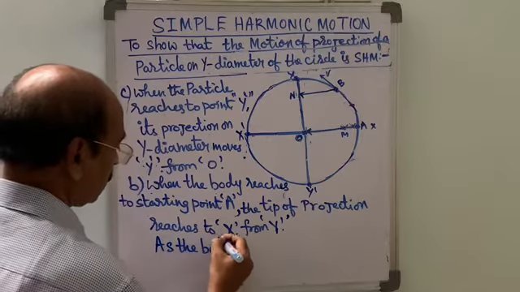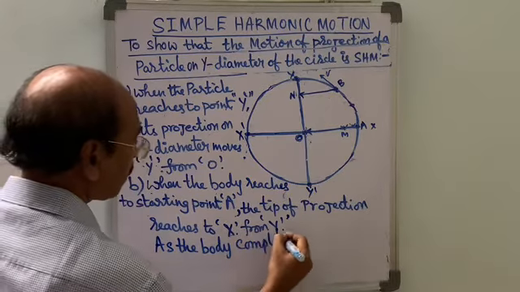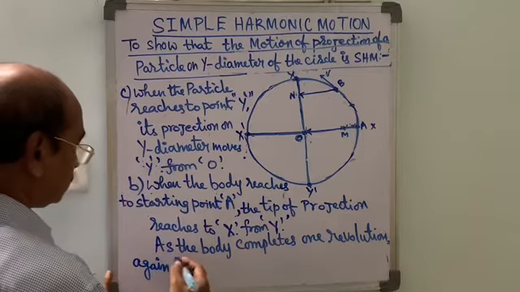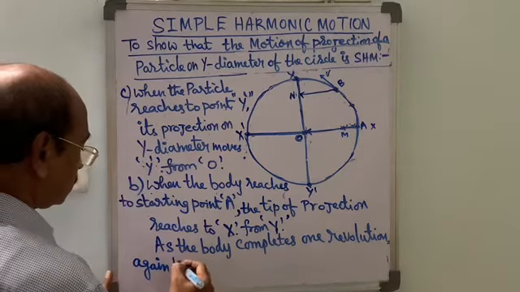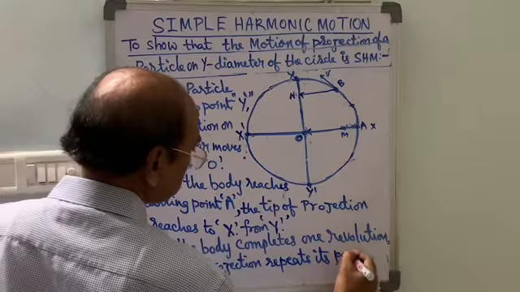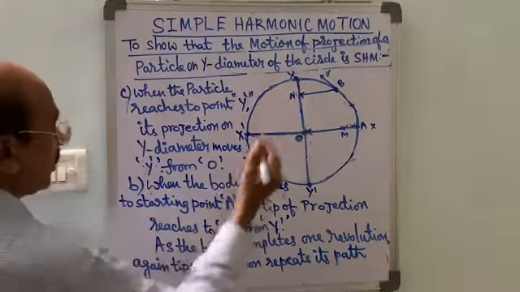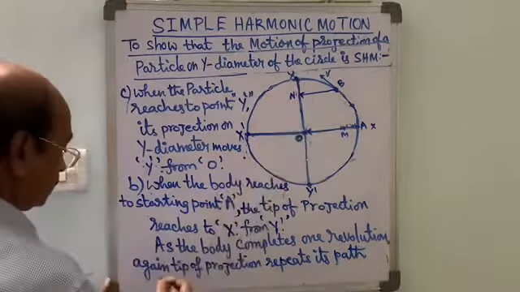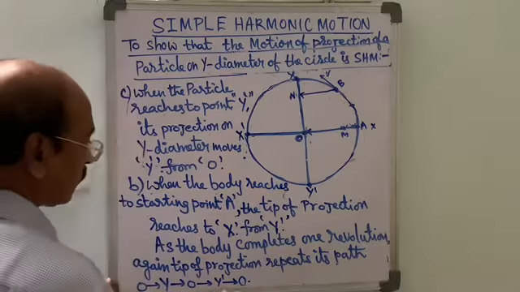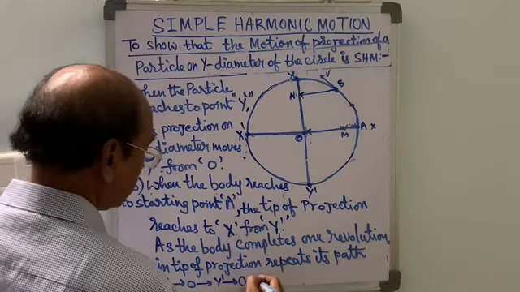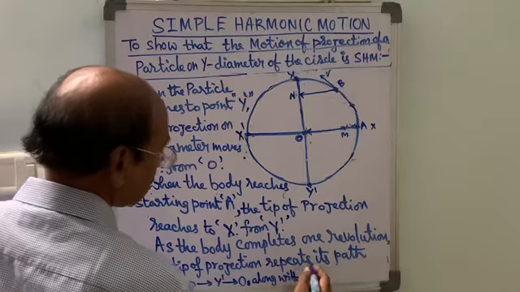As the body completes one revolution, again the tip of the projection repeats its path: O to Y, Y to O, O to Y dash, Y dash to O, along with the body.